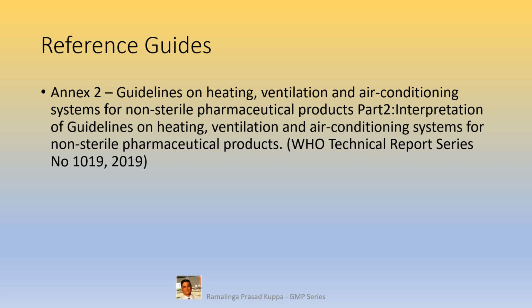Part 2, Interpretation of Guidelines on Heating, Ventilation and Air Conditioning Systems for Non-Sterile Pharmaceutical Products, that is WHO Technical Report Series number 1019 dated 2019. This WHO guide is a wonderful guide with example pictures on various types of clean rooms with necessary air controls. It is a simple guide to understand the basic requirement.